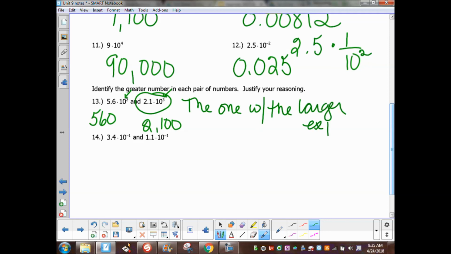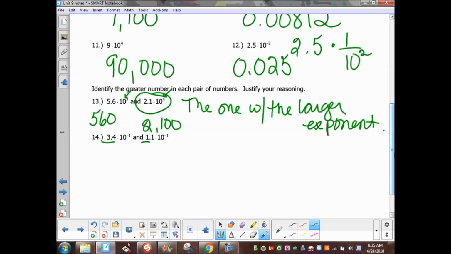So now, look at that next example. What are the exponents? They're both negative and they're both what? The same number. So can I look at the exponent to tell me which one's bigger? So what should we look at then? What's 3.4 and 1.1 called?